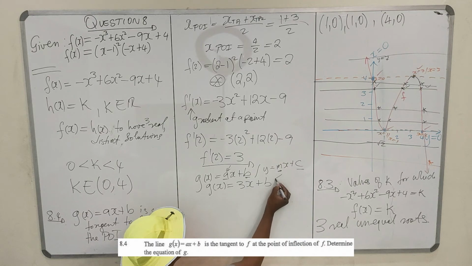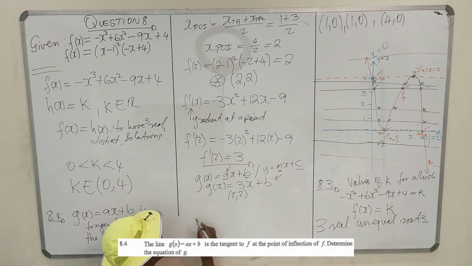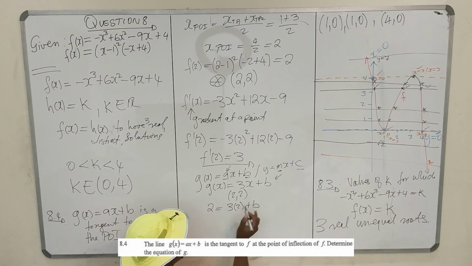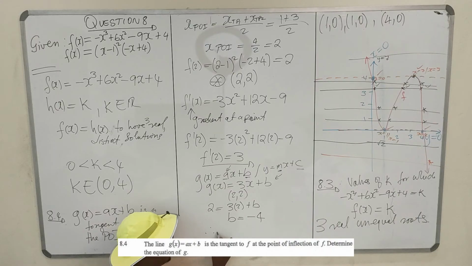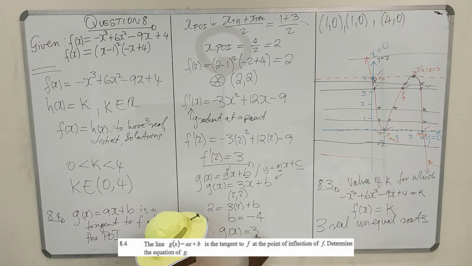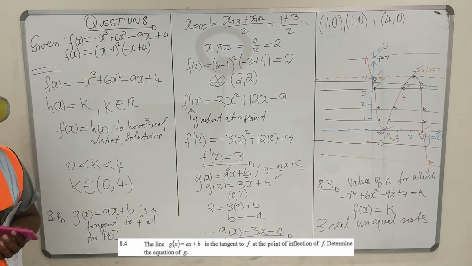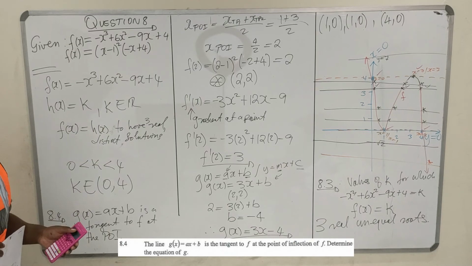You're only missing b, and that's where the coordinates (2, 2) come in. So 2 is equal to 3 times 2 plus b. Solving for b, b is equal to minus 4. Therefore g of x is equal to 3x minus 4. This is the equation of the tangent at the point of inflection, and I hope it is clear.